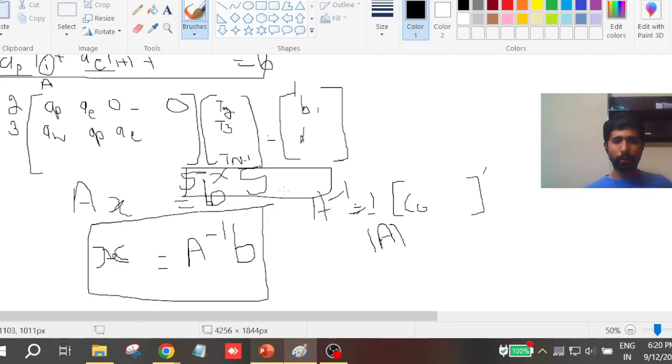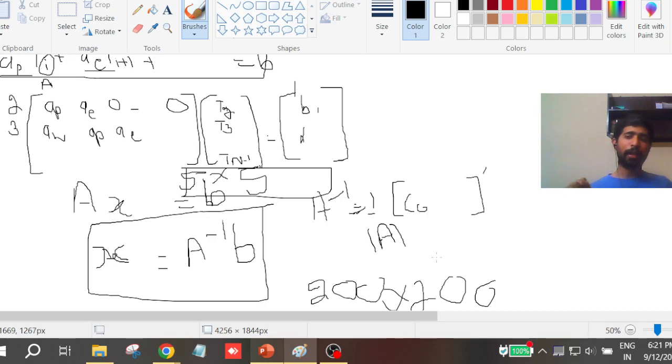But once you get into a very large number of grid points, for example in 2D cases, if you have a 200 cross 200 grid, it has to find that many determinants and then calculate the inverse. It takes a huge amount of time, and you can easily see that your workstation will hang if you try to do these things.